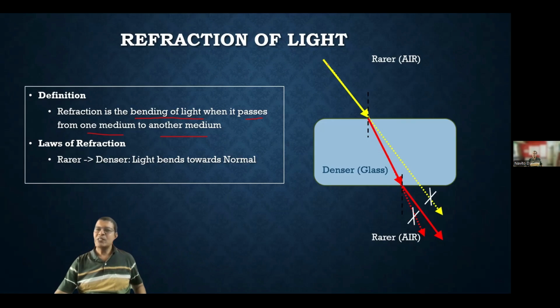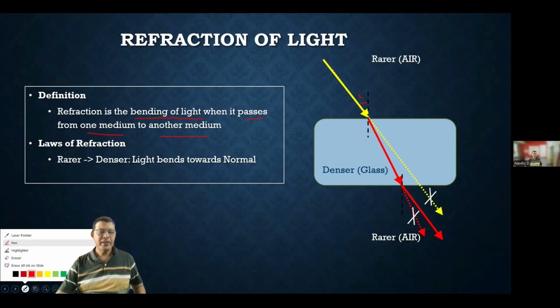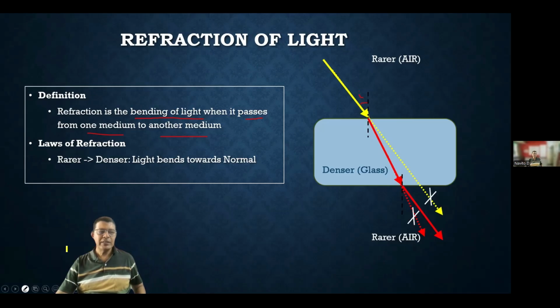So when light travels, which is the yellow line here, and it hits at an angle I, which is the incident angle, then it bends. It bends in such a way that instead of going along the yellow line here, let me take a highlighter. Instead of going along the yellow line, it doesn't go in this line, but it goes along the red line.